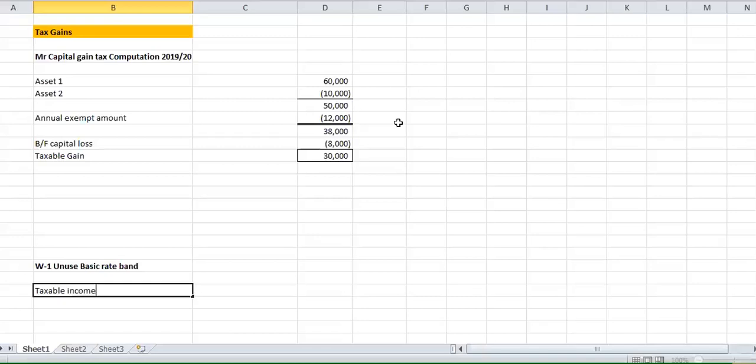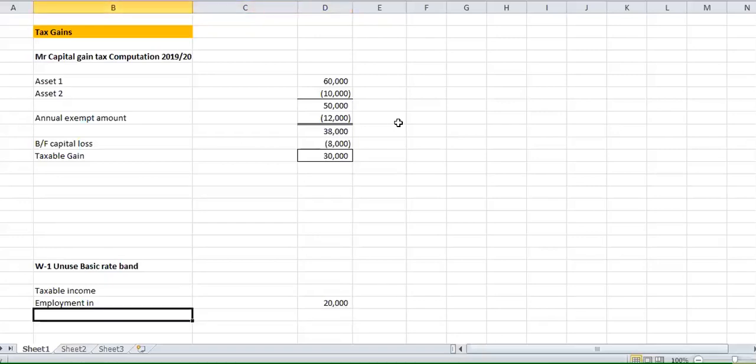In order to calculate taxable income, you need to add all of the incomes of an individual. Say, for example, an individual has employment income of say £20,000. An individual has, say, trading profit.